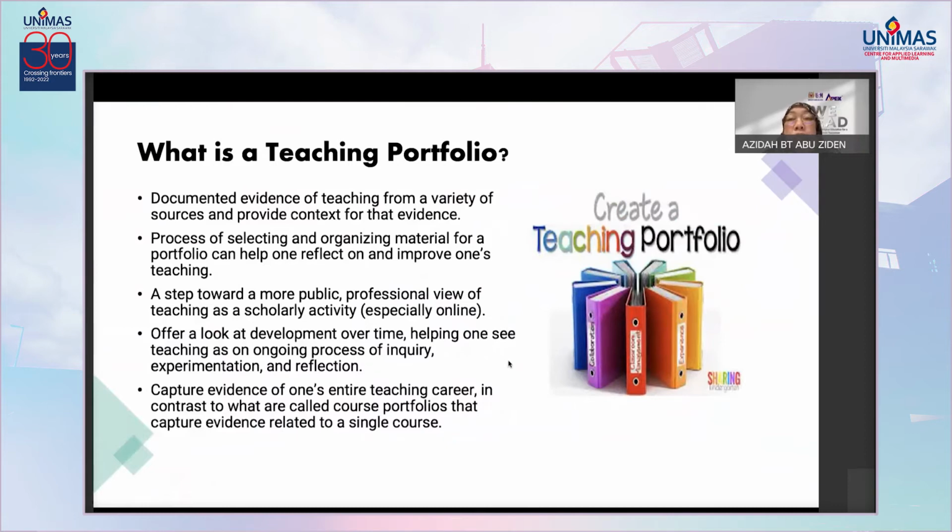Remember, when I did my portfolio, I had to look for evidence, I had to select, and the most important thing is I needed to do reflection. What is the purpose of the reflection? It is to improve our teaching.